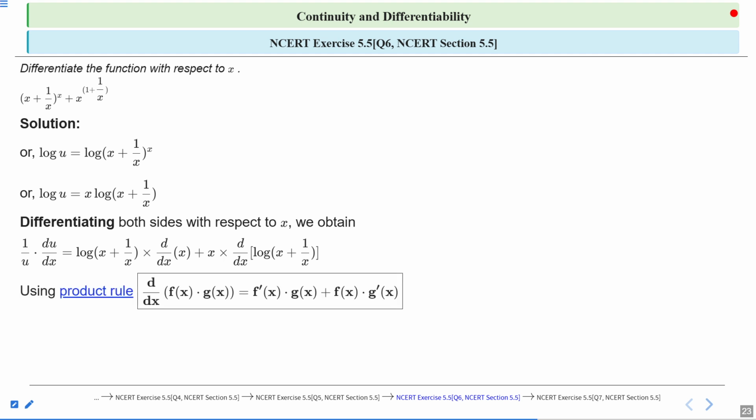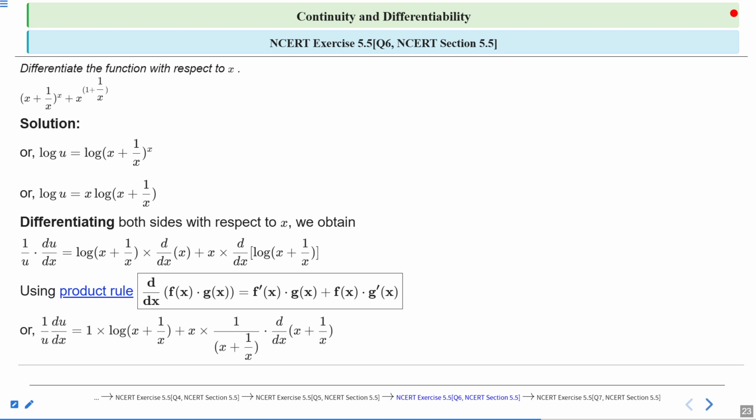Since we have used the product rule here, which is d/dx of f(x)g(x) is equal to f'(x)g(x) plus f(x)g'(x). So 1/u du/dx is equal to 1 into log(x + 1/x) plus x into 1/(x + 1/x) into d/dx of (x + 1/x), right?